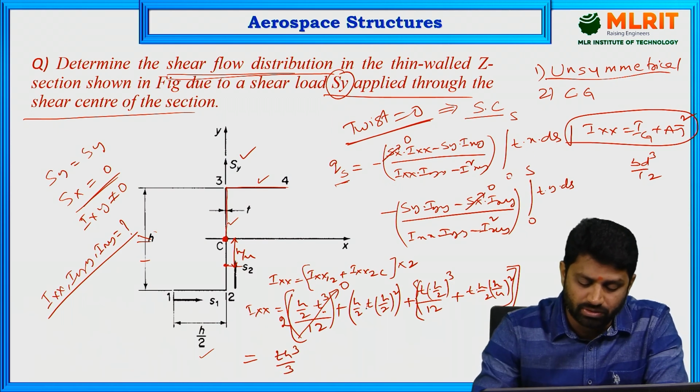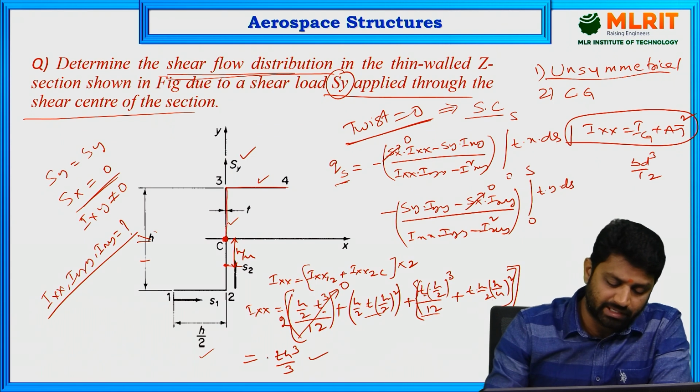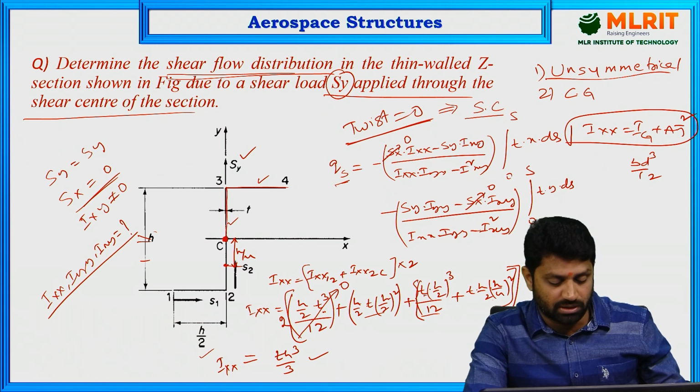Here t into h cube by 8, and here t into h cube by 8 into 12, and here t into h cube by 16 to 32. When you take the LCM, you are going to get Ixx equals to t h cube by 3. That is how you calculate moment of inertia about the x-axis.